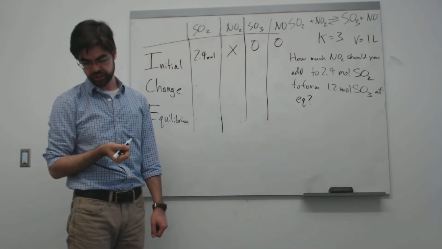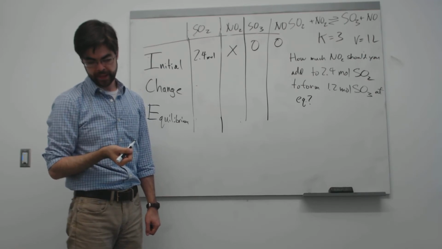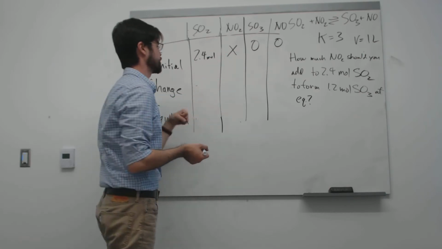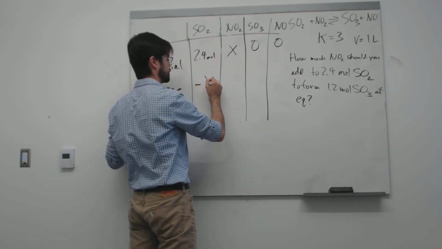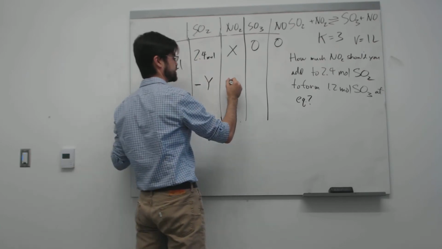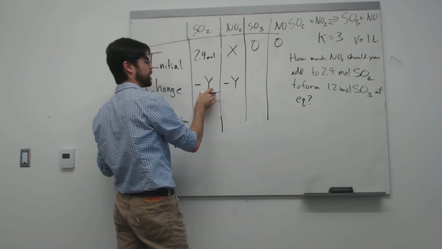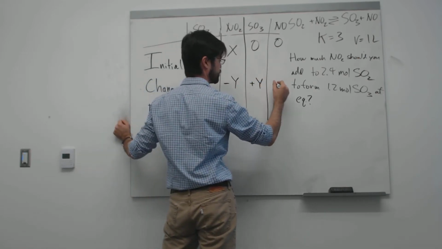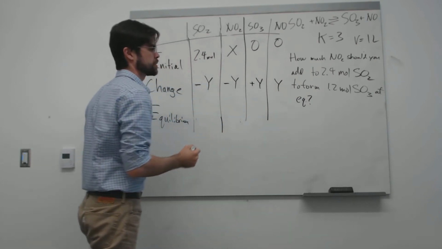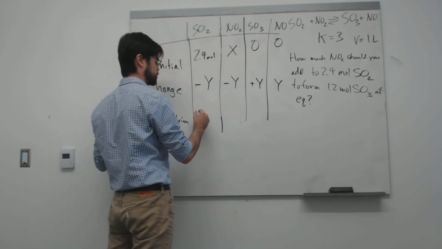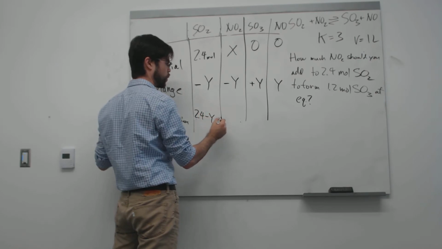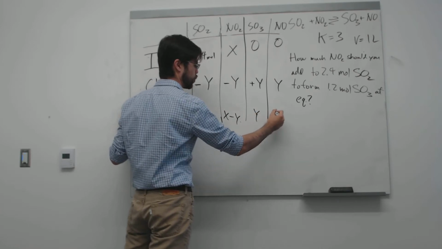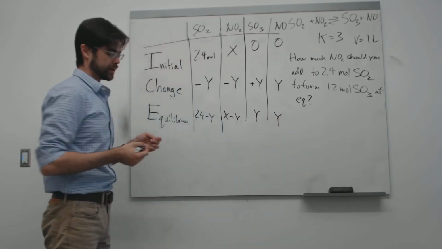Then I'm going to start with some reactants and produce products, so I will lose some of my reactants. I don't know how much, so I will have a new variable here, y, and then I will produce some products. After equilibrium is reached, I have 2.4 minus y, x minus y, y, and y.